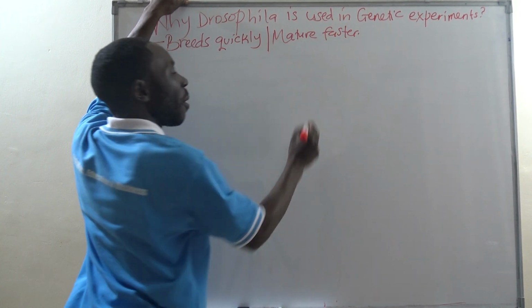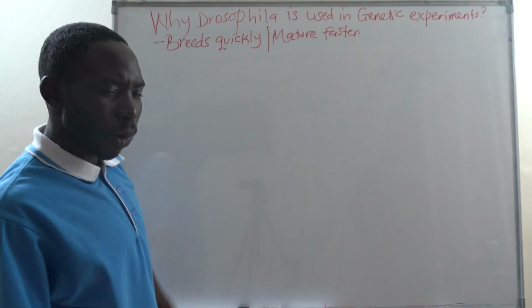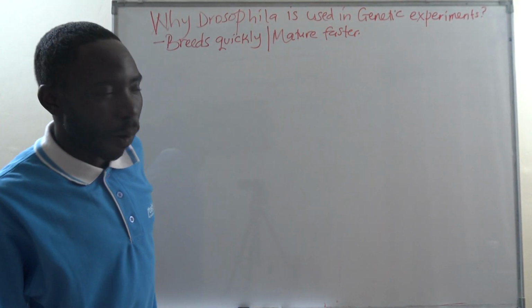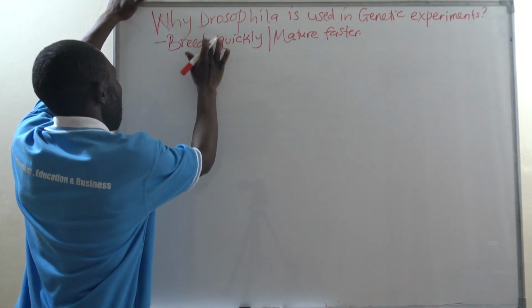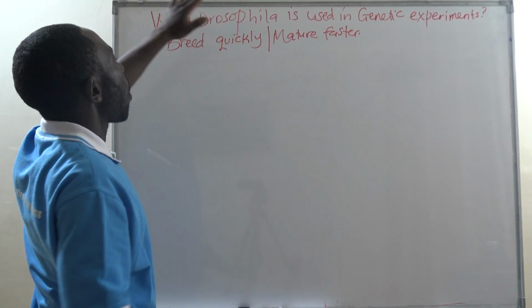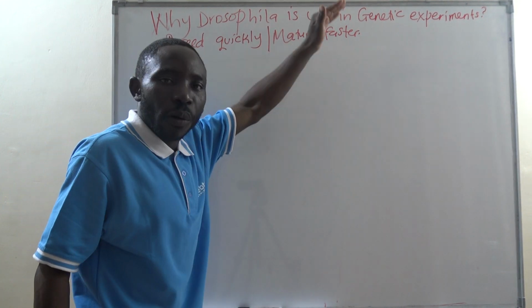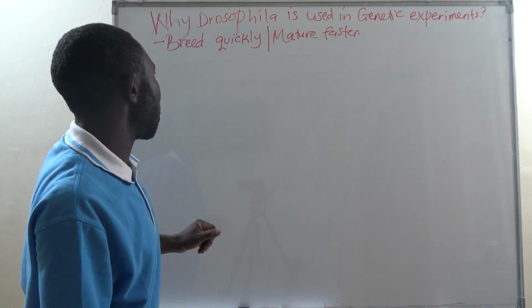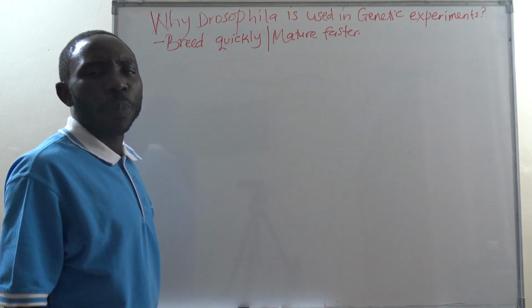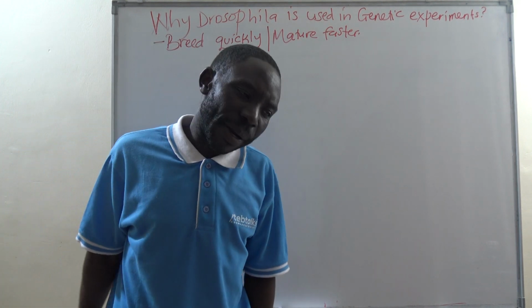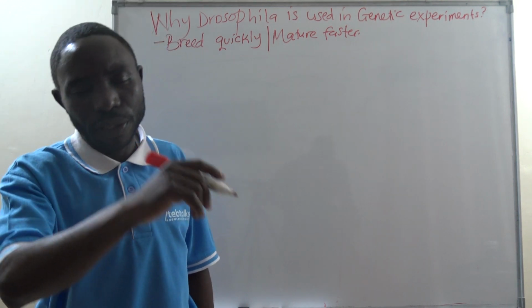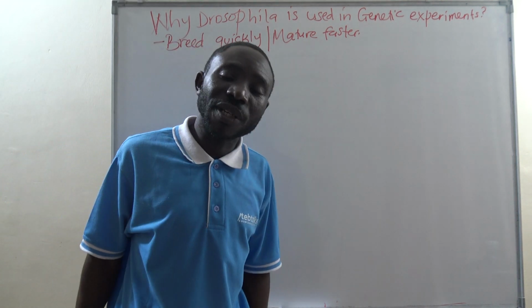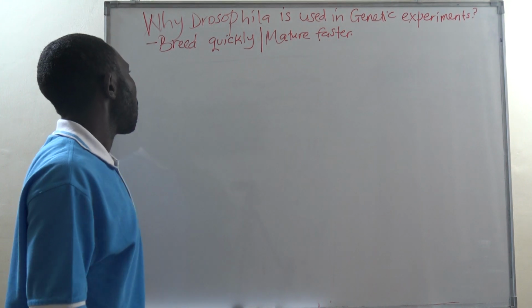Remember that by talking about Drosophila, that is already plural, so we can say breed quickly or mature faster. That is one of the reasons. Then two, the Drosophila produce a large number of offspring. So we can simply say it has a high reproductive rate.